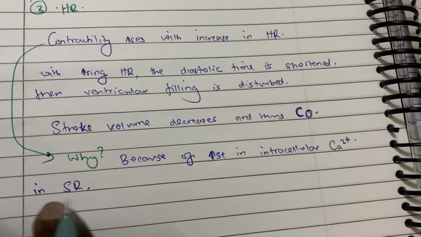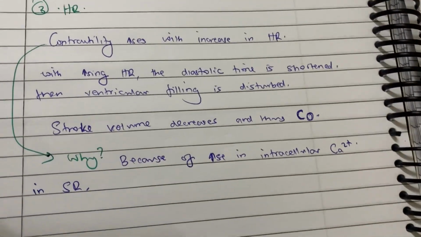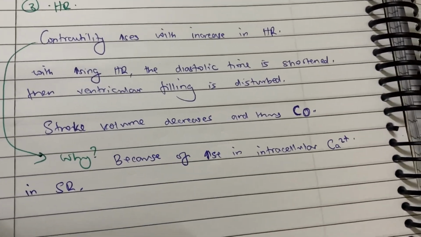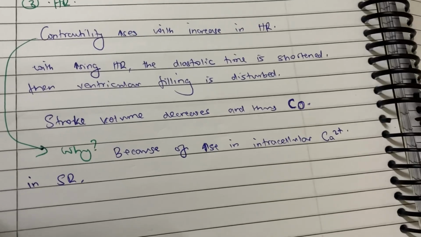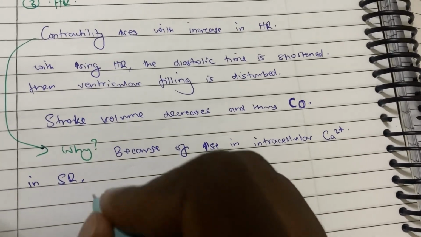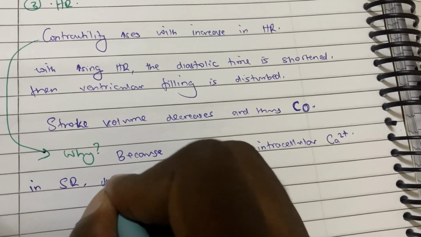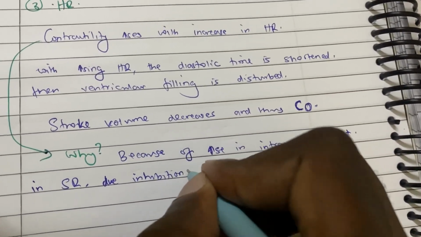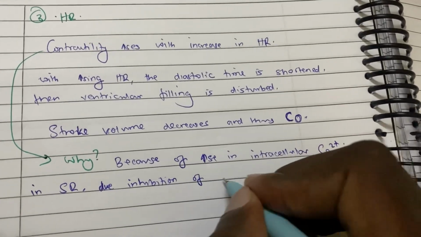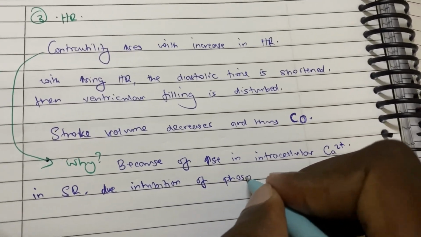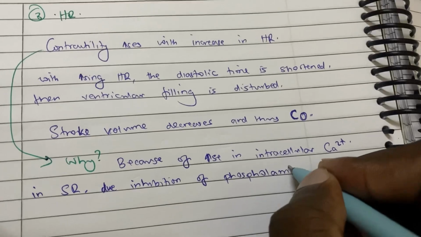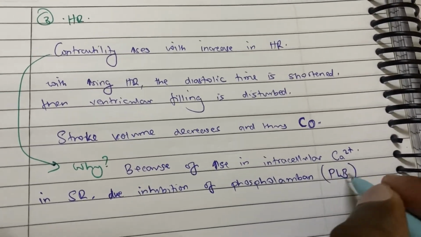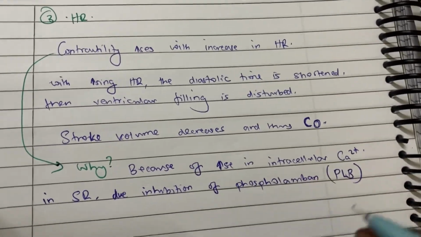So what happens with increase in heart rate? Phospholamban is inhibited. Due to inhibition of phospholamban, PLB, a regulatory protein that inhibits.